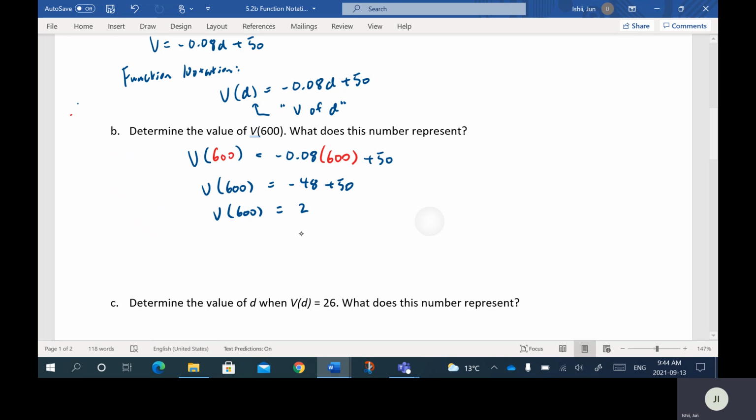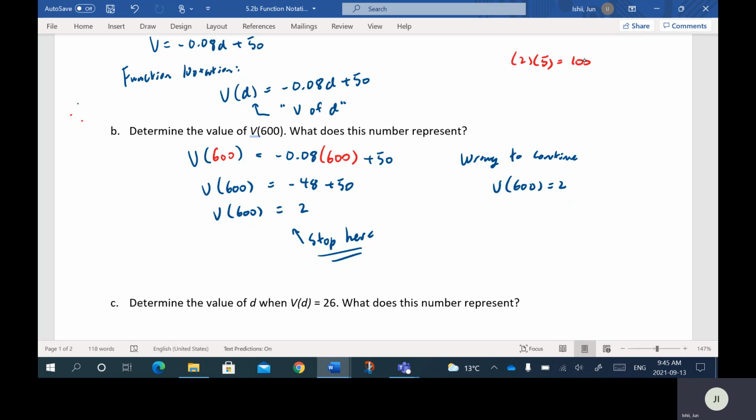Now, you actually stop here. What I've noticed sometimes is an error, wrong to continue. You see this V of 600 equals 2, and some of you may accidentally think that this means the volume times 600, because you see brackets, and you're used to numbers next to brackets meaning to multiply them.